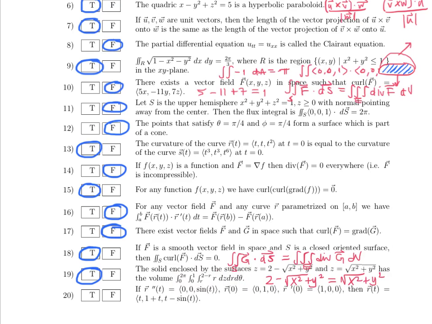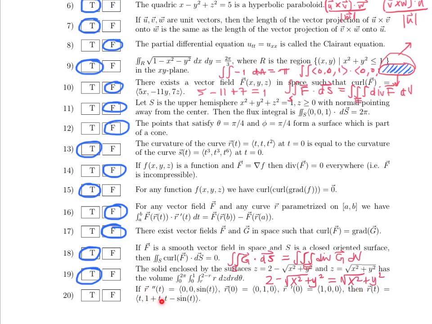Well, if r of t is this, and we evaluate it at 0, sure enough, we do get 0, 1, 0. And note that r prime of 0 has to be 1, 0, 0. Note that r prime of t, according to this r of t, would be 1, 1, and then 1 minus cosine t.